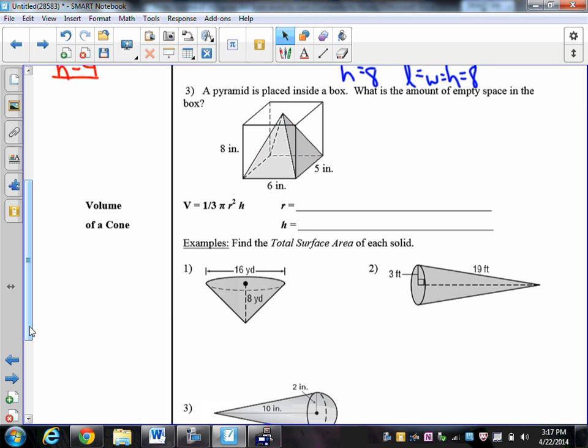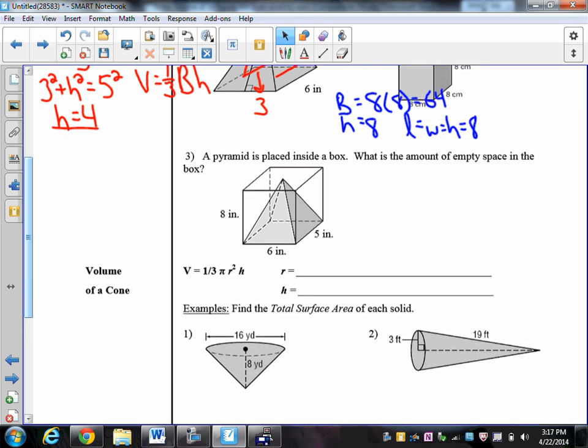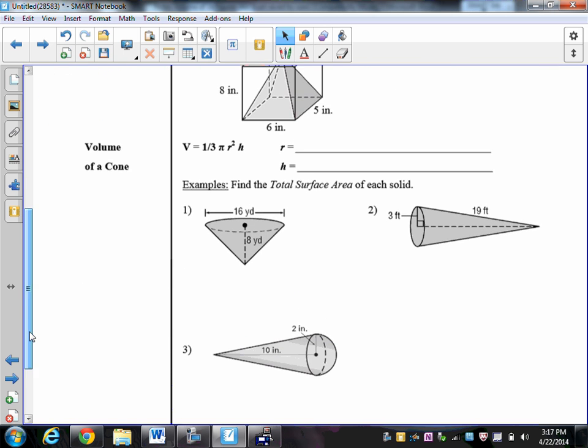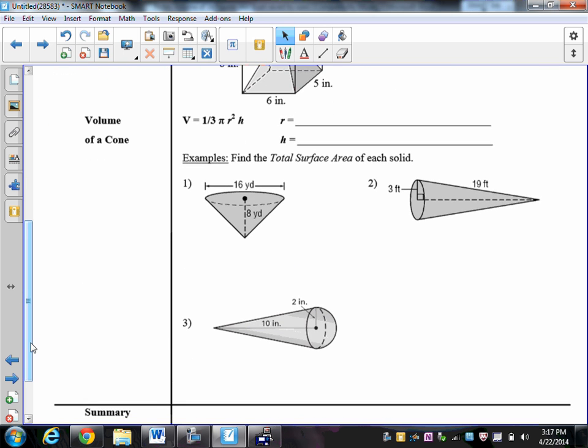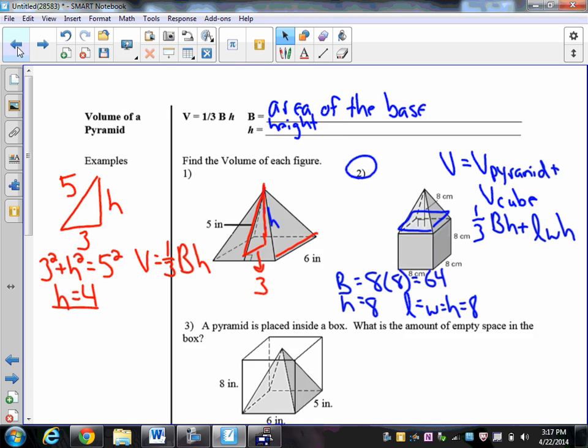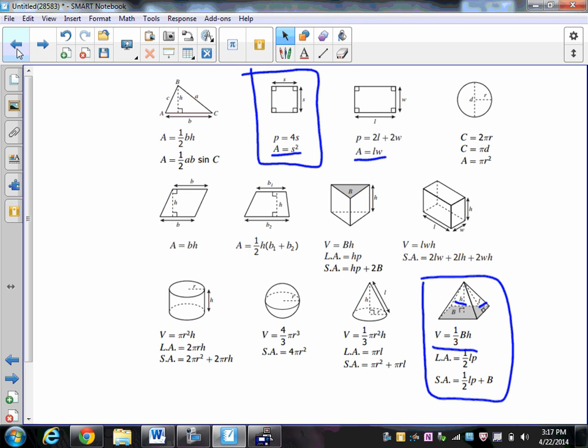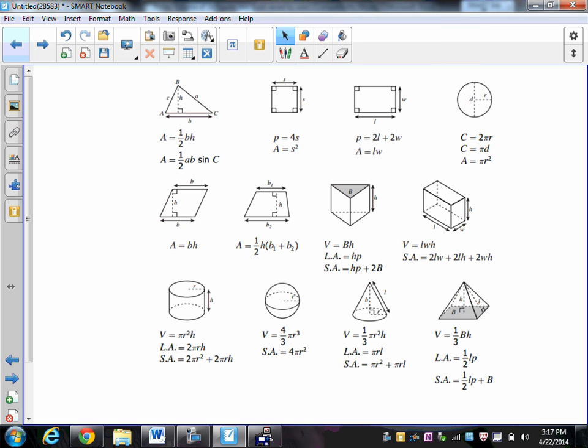So we're going to skip number 3 and we're going to go to the volume of a cone. The formula for the volume of a cone is right here.